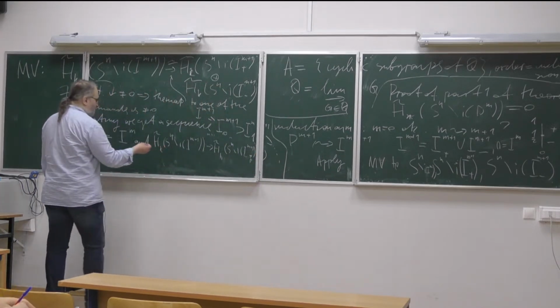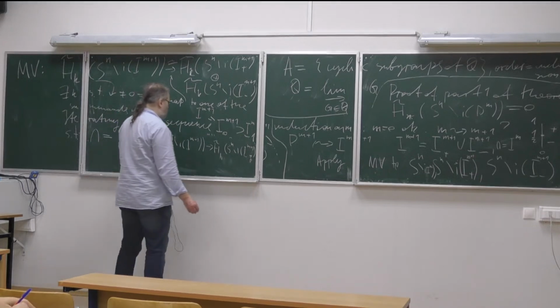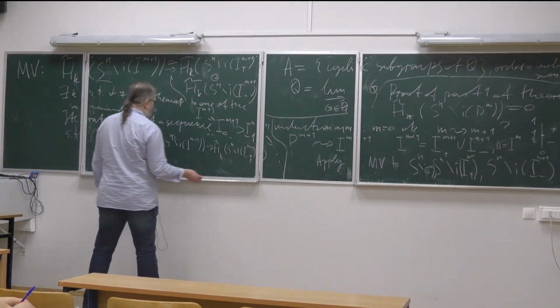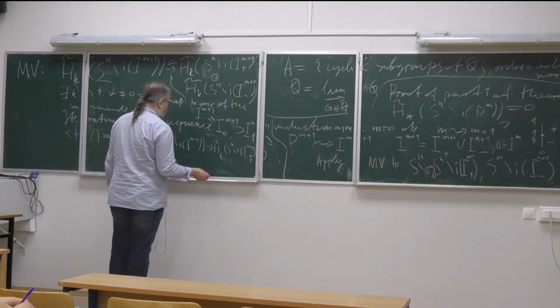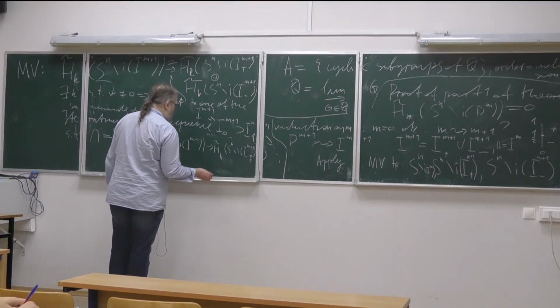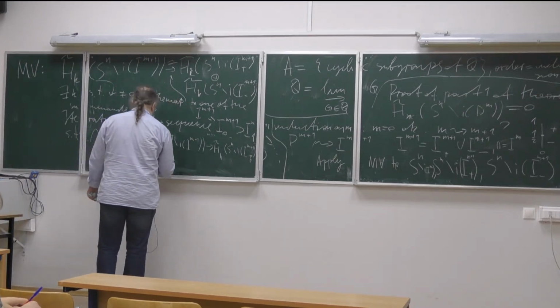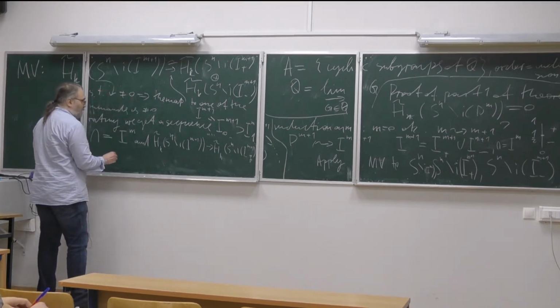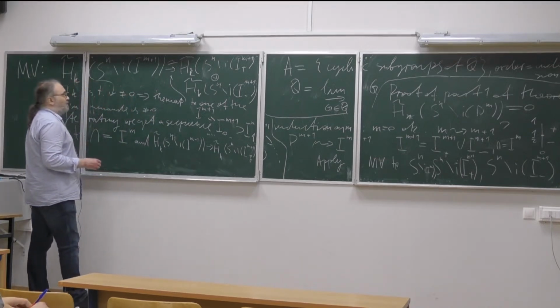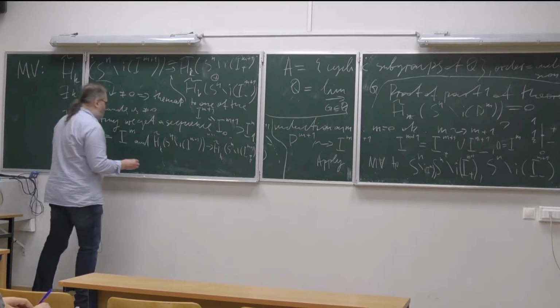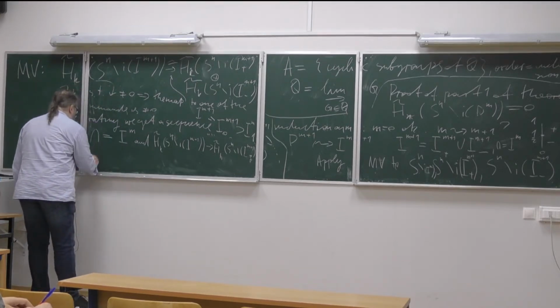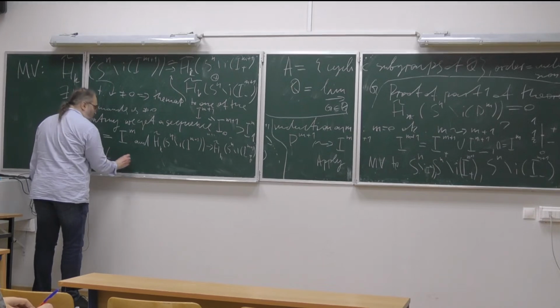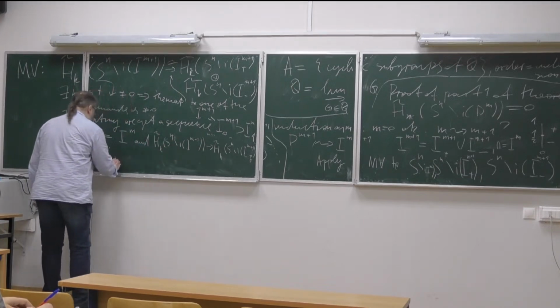So the map is non-zero for all I, or non-zero for all J.